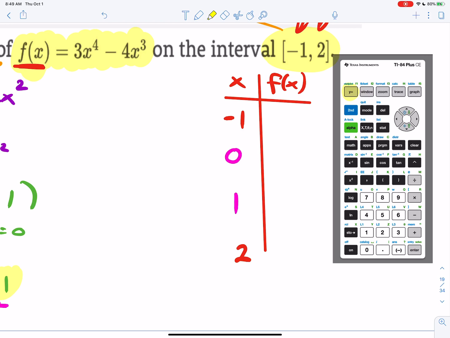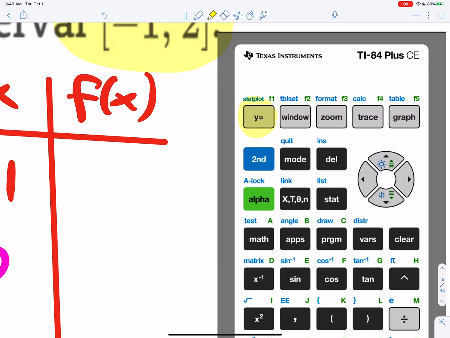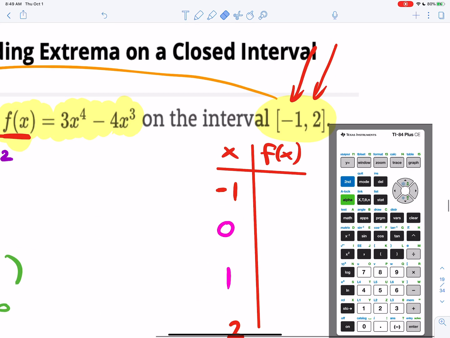Okay, so what you want to do now is go to table set. So right above window is table set. So we're going to go to table set, and I'll do this with you guys.